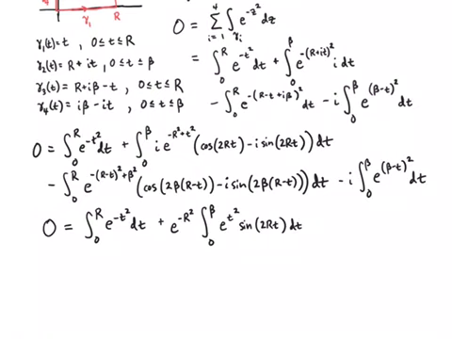And then in the third term, the real stuff comes from this part, 0 to r.